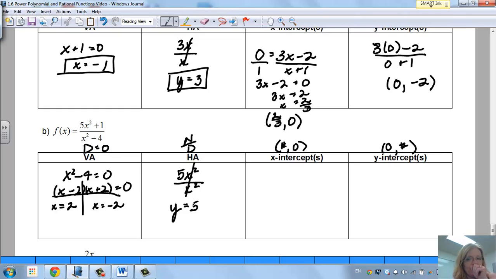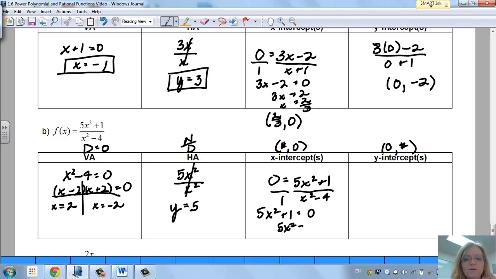X-intercept, I'm going to put 0 in for y. And when I do that and cross multiply, you'll see I'll have 5x squared plus 1 equals 0. 5x squared will never equal a negative 1, so there is none. You don't have to have an x-intercept.